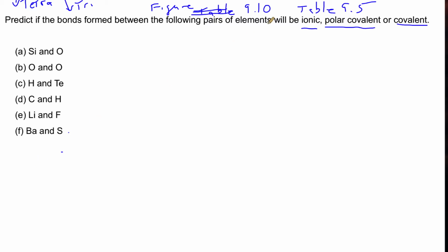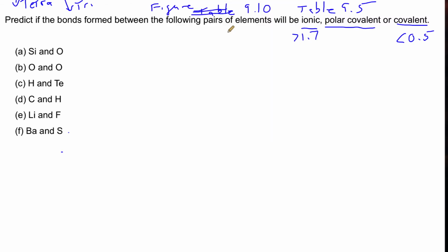So an ionic bond has a difference of 1.7 or more, so greater than 1.7. A covalent bond has one of 0.5 or less, so less than 0.5, and anything in between gives you a polar covalent bond.